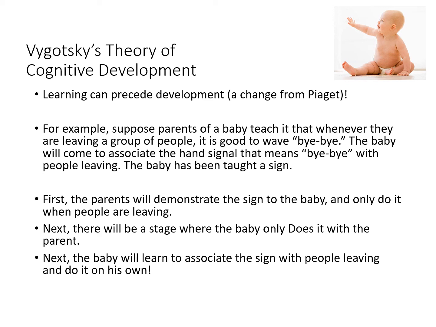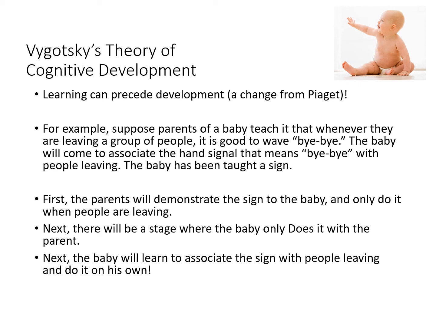For example, suppose parents of a baby teach that whenever they are leaving a group of people, it is good to wave bye-bye. The baby will come to associate the hand signal that means bye-bye with people leaving. The baby has been taught a sign. How does this happen? Well, first, the parents may naturally demonstrate the sign to the baby, waving to their friends as they leave.